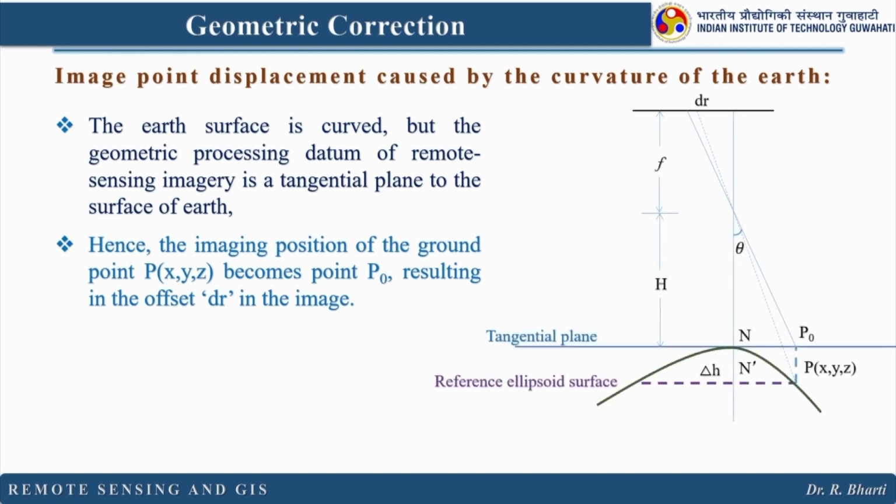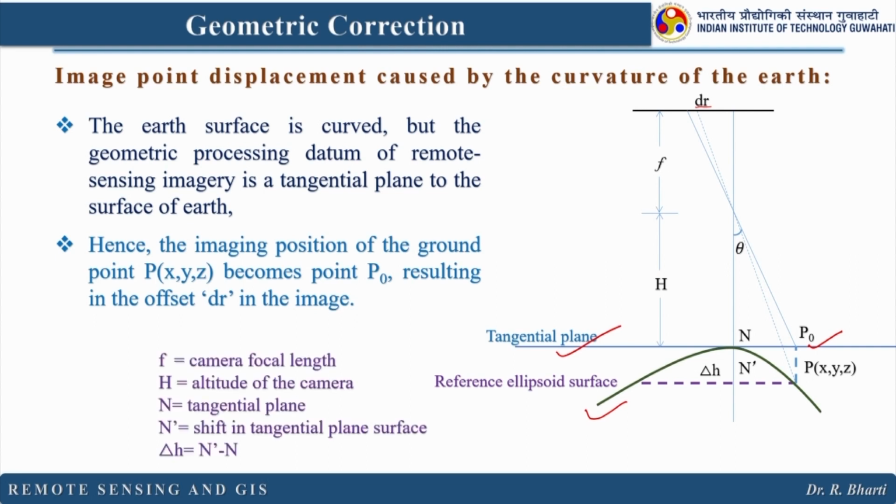You can see here your P naught. This is your reference ellipsoid system. This is your tangent plane. This is easy to understand, but it is very important in satellite images, because you have to take care of all this displacement and skewness.